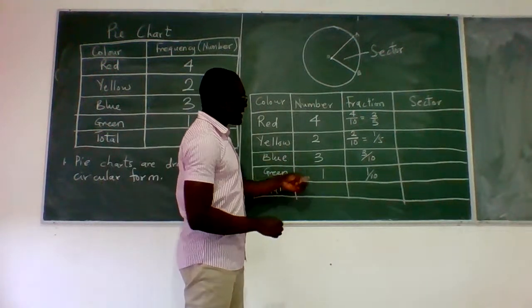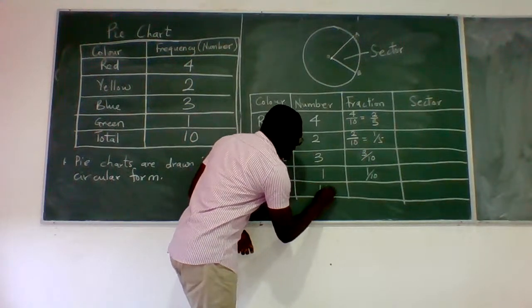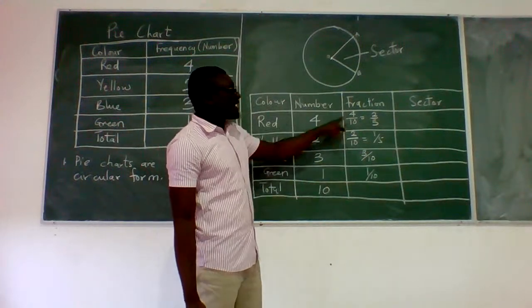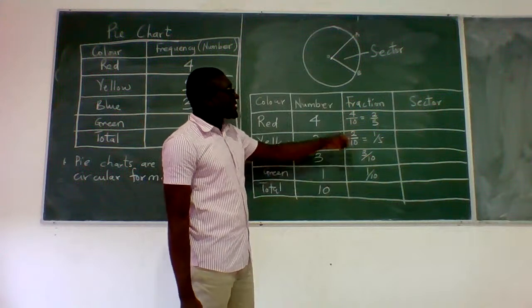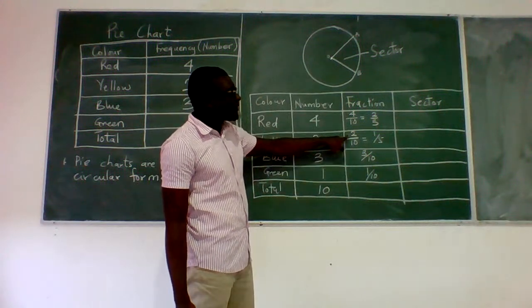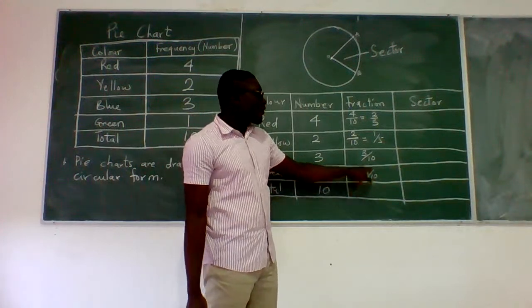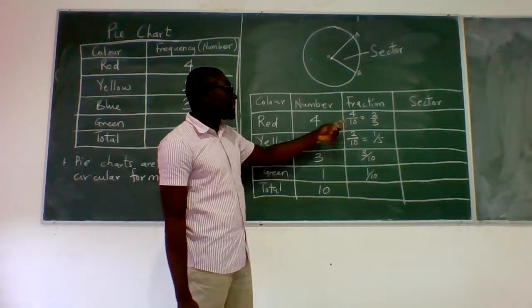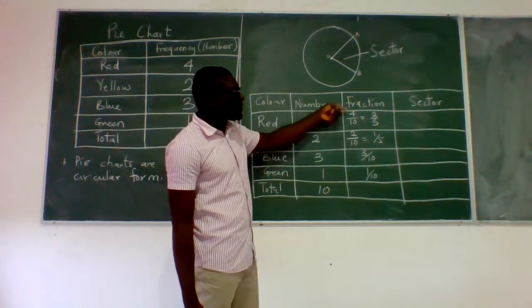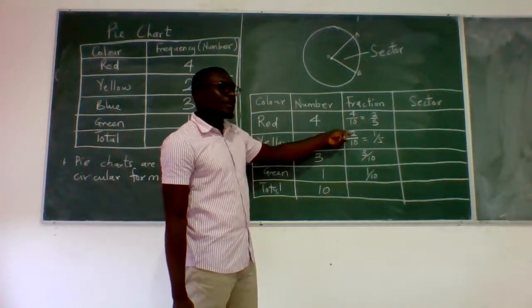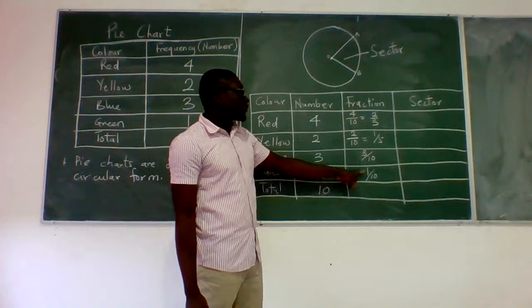So this gives us 10 as total. If I consider this part, this is 4 over 10 plus 2 over 10 plus 3 over 10 plus 1 over 10. Because they have a common denominator, you can simply add the numerators, which gives you 4 plus 2, which is 6, plus 3, which is 9, plus 1, which is 10.